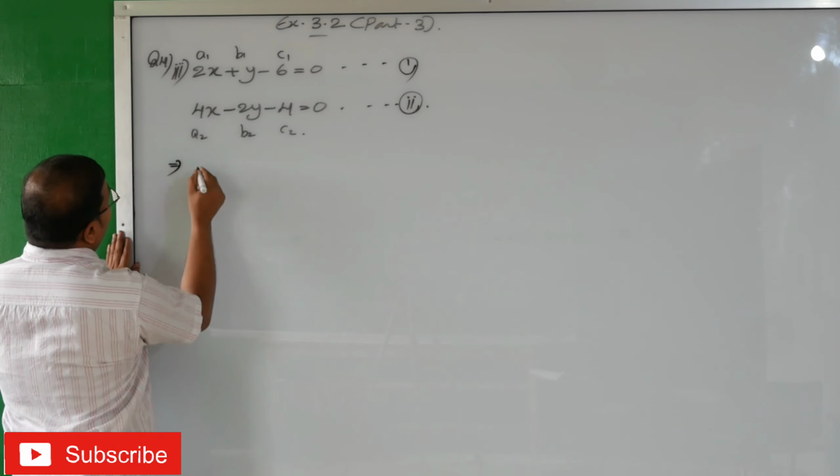Ready? Now we'll check b1 by b2. b1 is 1, b2 is minus 2. Ready? Equals, minus you can write in the numerator. That means minus 1 by 2. See? Now itself we can understand a1 by a2 is not equal to b1 by b2. These two answers are different. This implies we can write a1 by a2 not equal to b1 by b2.